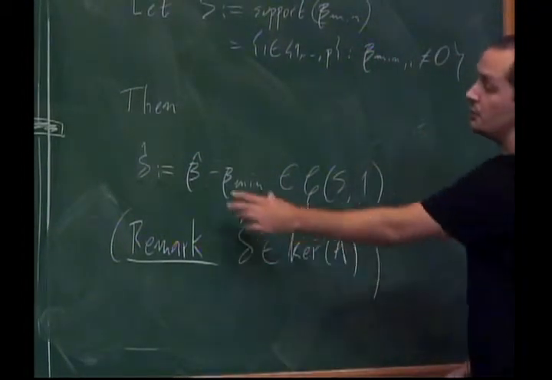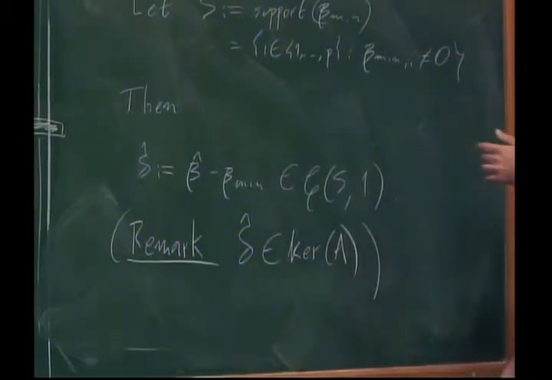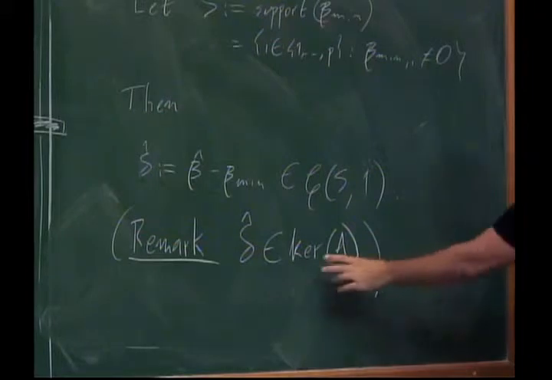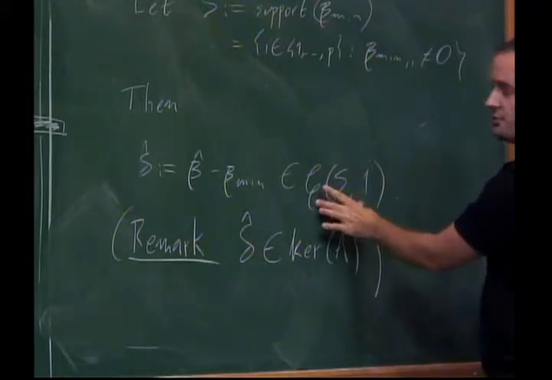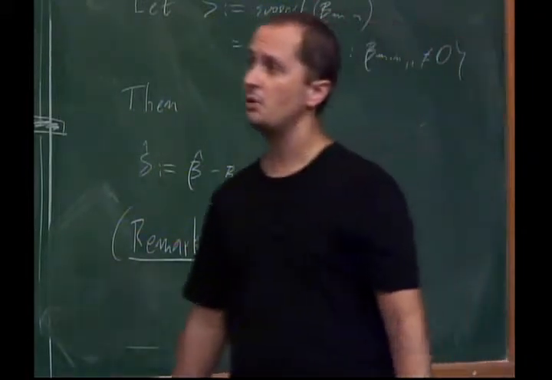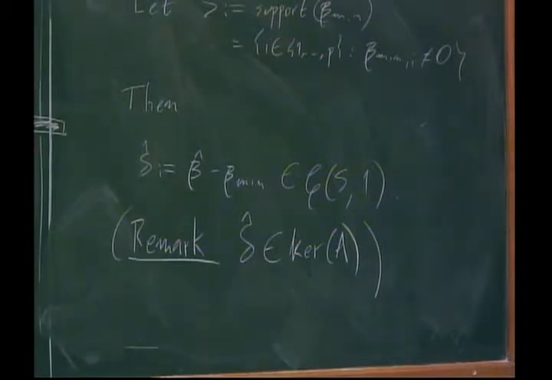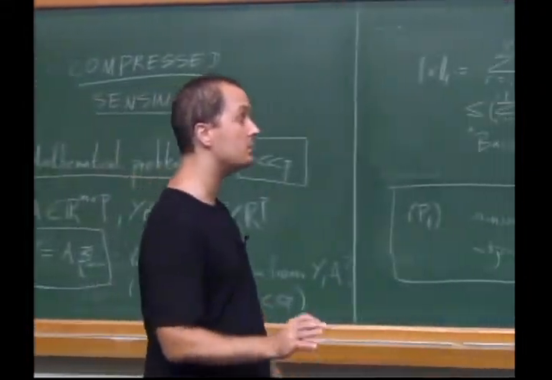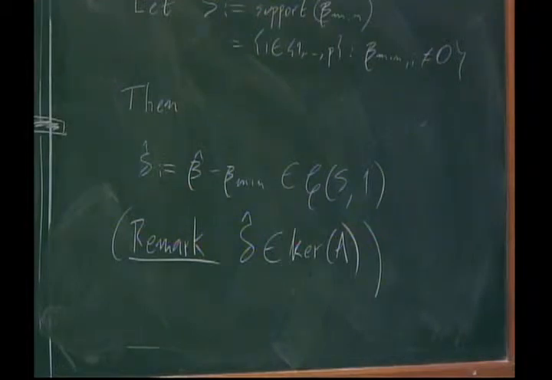Because I have two solutions to the same system, so their difference is in the kernel. So I know that it's in the kernel, and I know that it's in the constraint set. So if I know that the intersection of the kernel and the constraint set only has the 0 vector, then that shows that delta hat is equal to 0, so beta hat equals beta min.